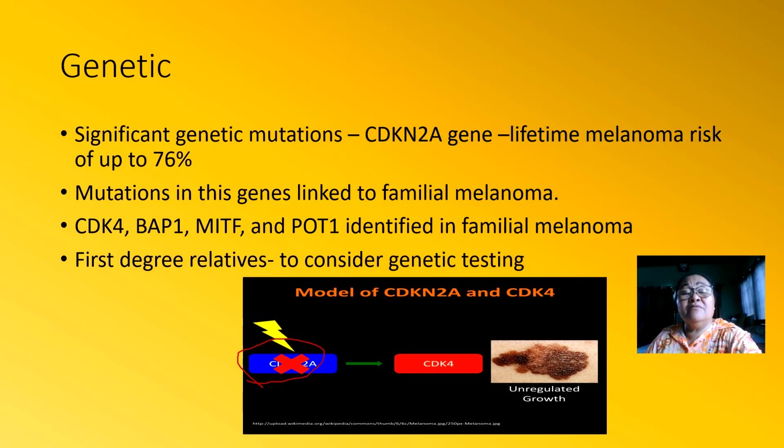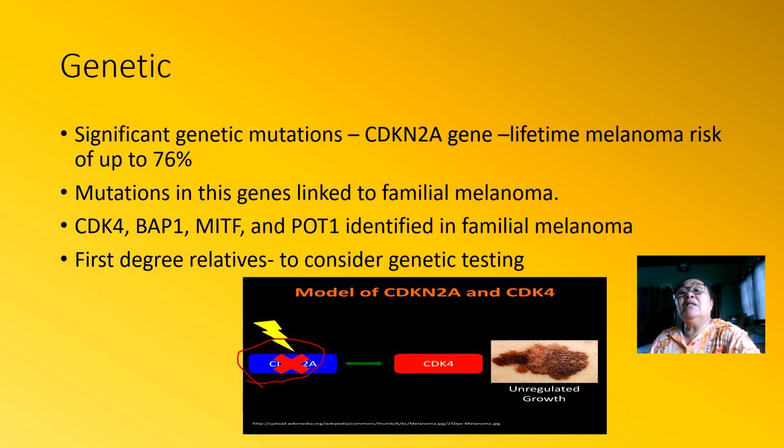Other inherited gene mutations linked to familial melanoma include CDK4, BAP1, MITF, and POT1. Approximately 10 to 20% of melanoma cases occur in individuals with a family history of the disease.